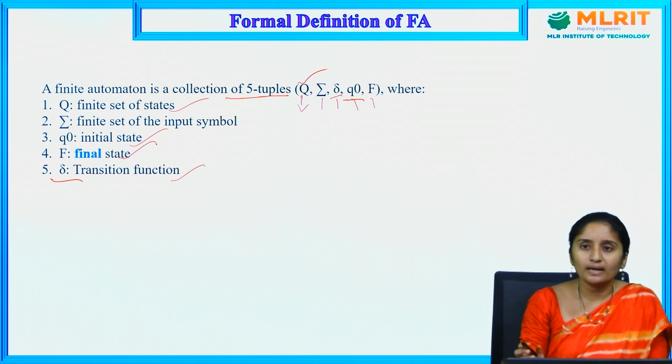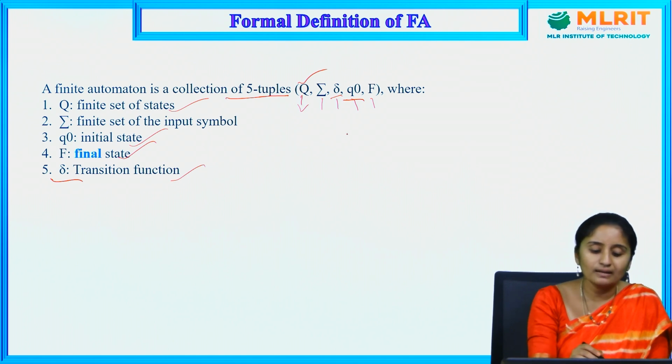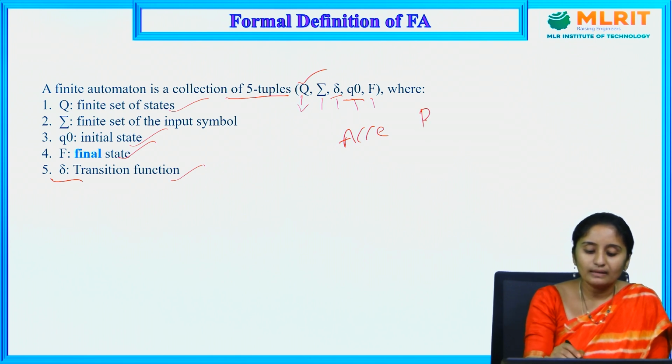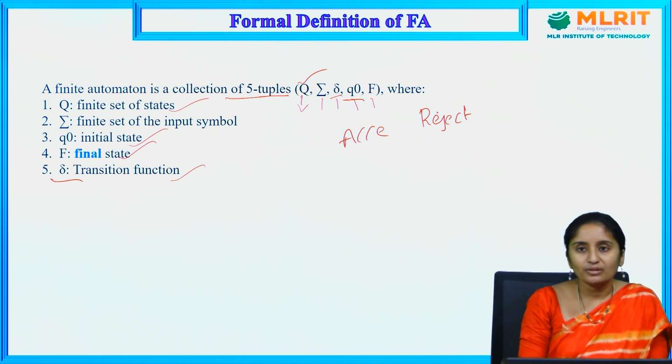If I complete reading my string and reach the final state, then we can tell that the string is accepted. If I cannot reach the final state, we can tell that the string is rejected or not accepted. So these are the 5 tuples which we use in our finite automata.